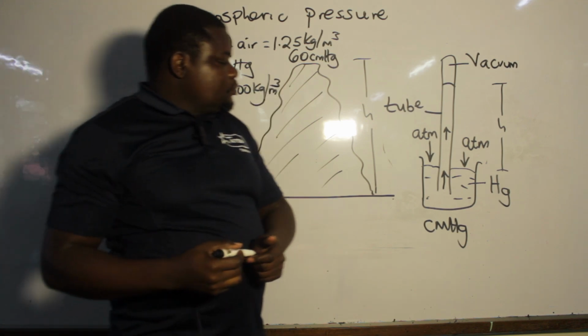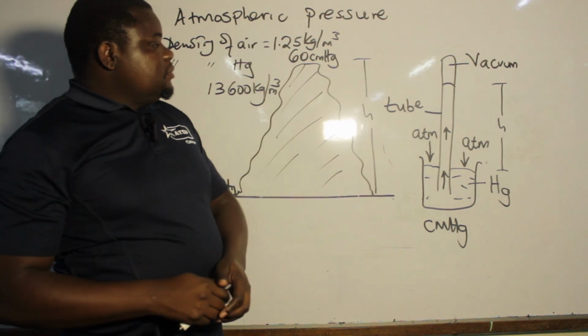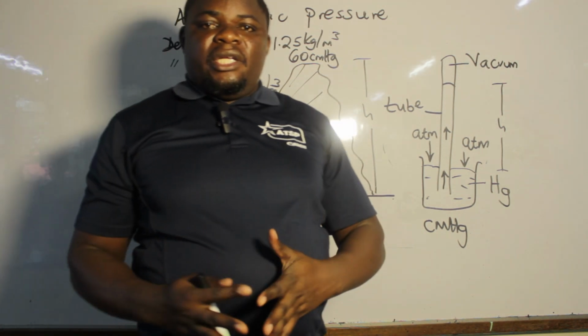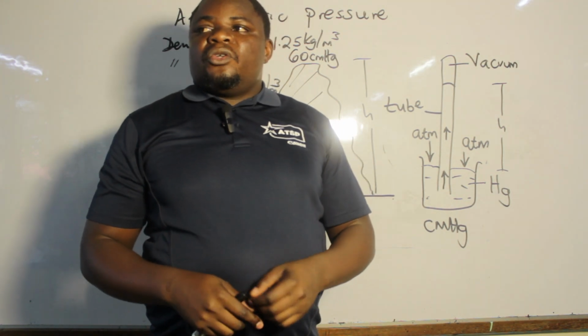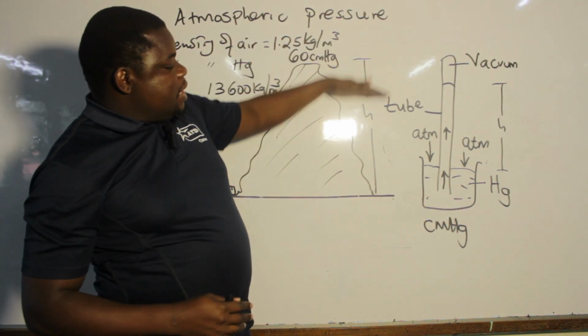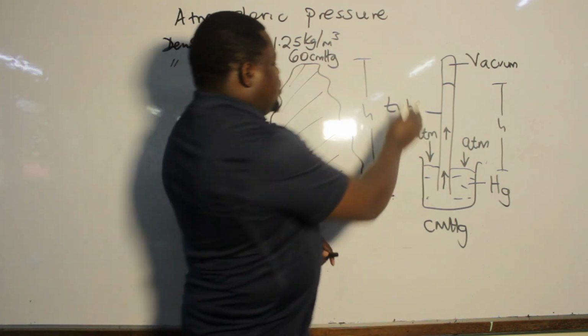Now, we are looking for H, which is the height of the mountain. We compare the pressure due to mercury in the barometer and the pressure due to the air column around that mountain. So this is the formula that we use.